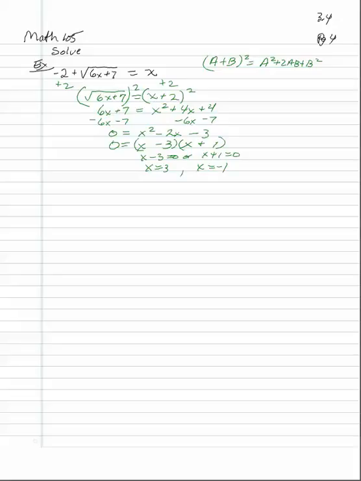And again, we squared both sides, so we have this problem with the logic that solutions to this equation may not be solutions to the original equation. So we have to check in the original problem.